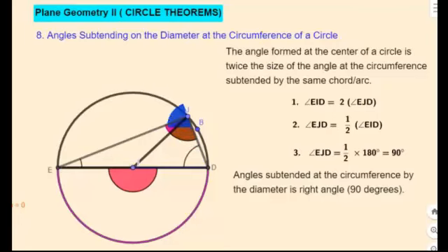I hope you observe that. Good. We can see that these two base angles cover angle EJD, the angle at the circumference, and it fits equally when the two angles are put there.